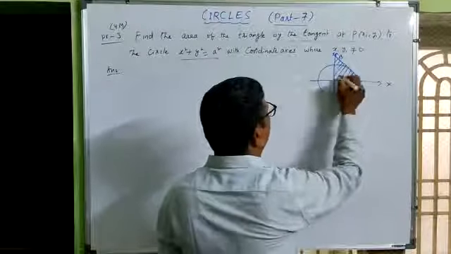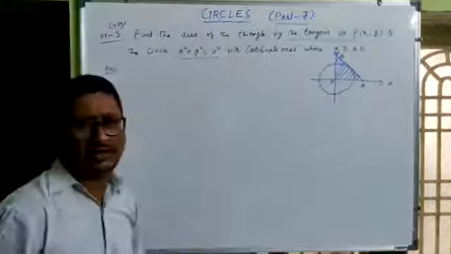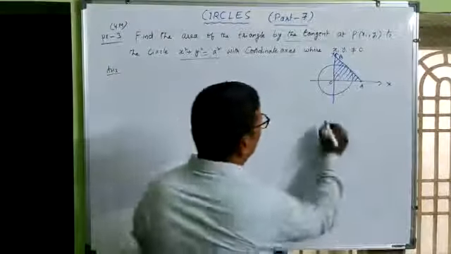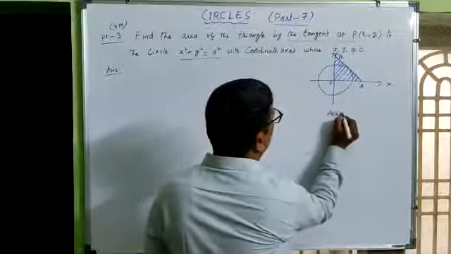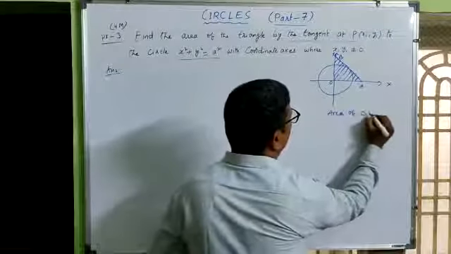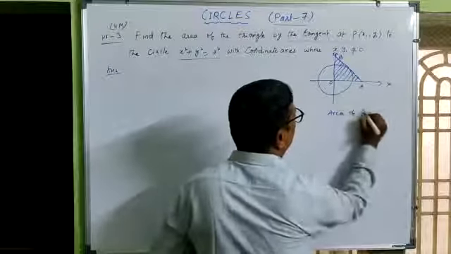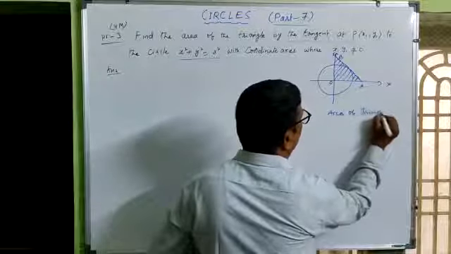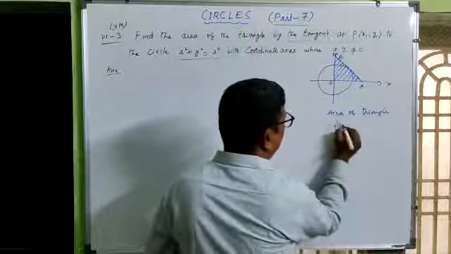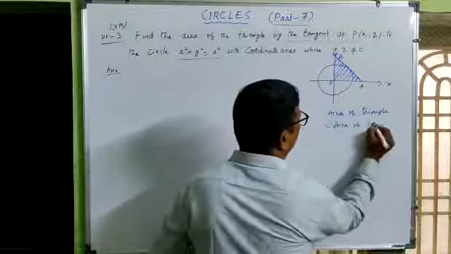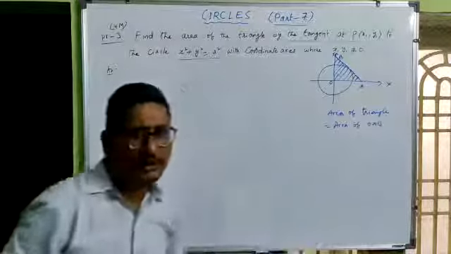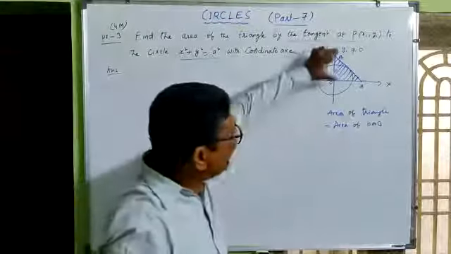Now we have to find the area of this shaded area. So the area of the triangle is equal to the area of OAB. This is a right angle triangle.